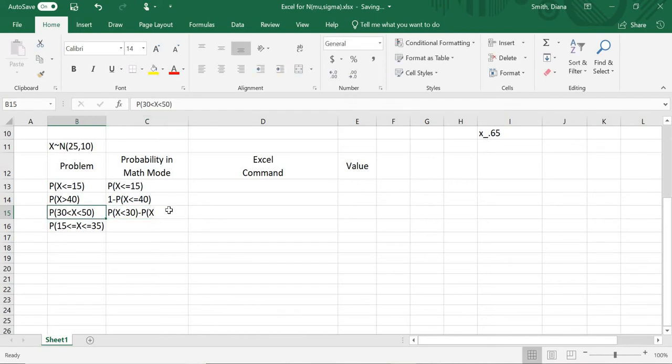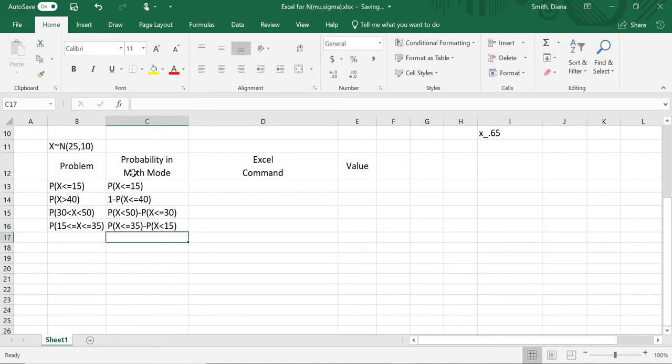Oops, and I put the wrong one down. So again, make sure you start with the bigger one. So it's the probability that x is less than 50 minus the probability that x is less than or equal to 30. For the second one, it's the probability that x is less than or equal to 35 minus the probability that x is less than 15.